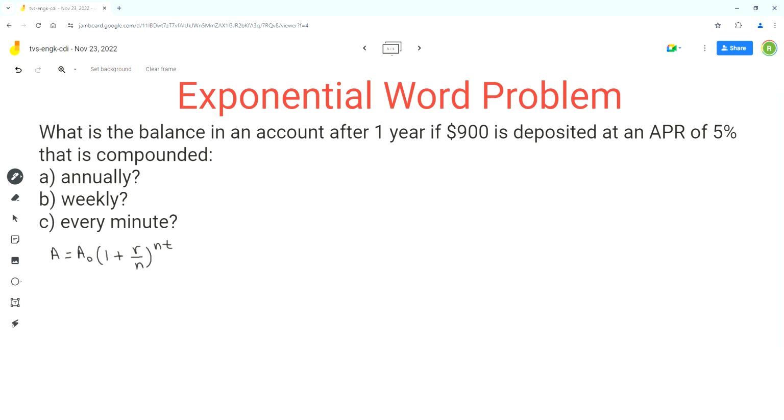As per the problem, A naught is equal to $900, R is equal to 5%. In this formula, we have to use the value of R in decimal form. So we can convert percentage to decimal by dividing 5 by 100.